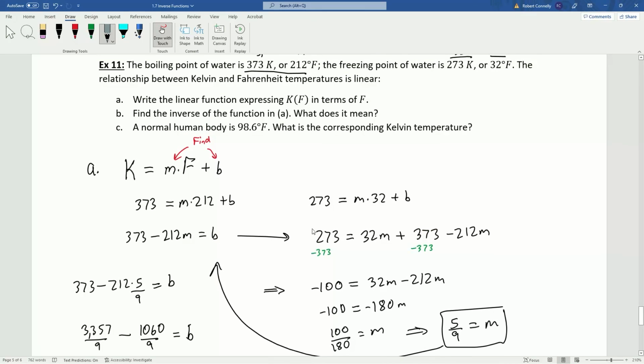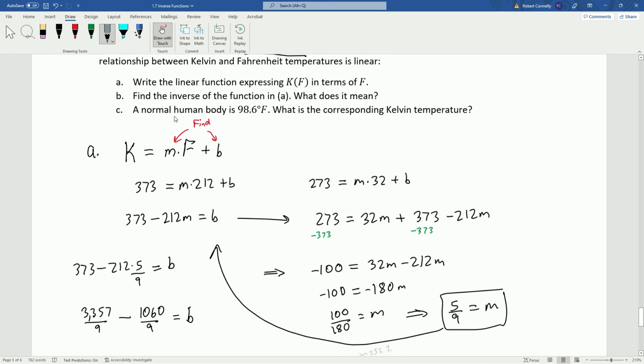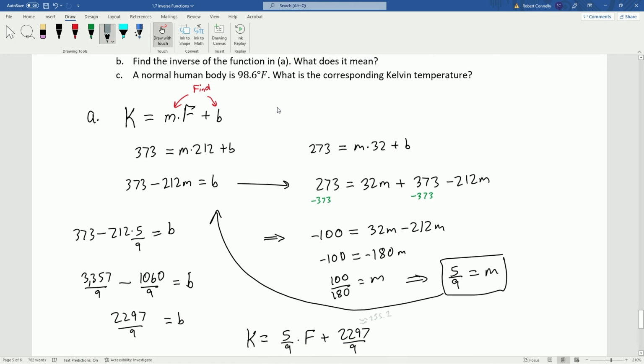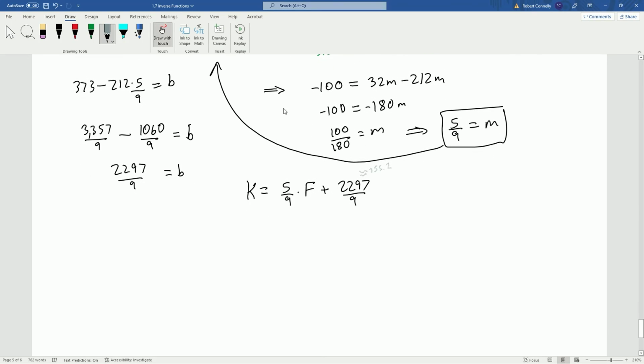All right, so we wrote a linear function expressing k of f in terms of f. Find the inverse of the function. What does it mean? All right, so I'm going to rewrite this in terms of x and y here, because I don't want to cause unnecessary confusion.